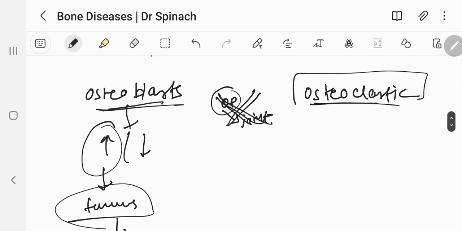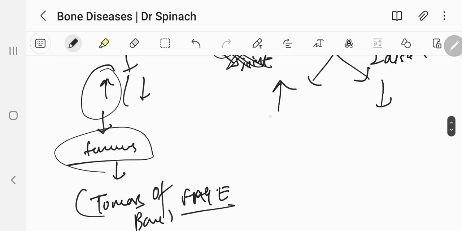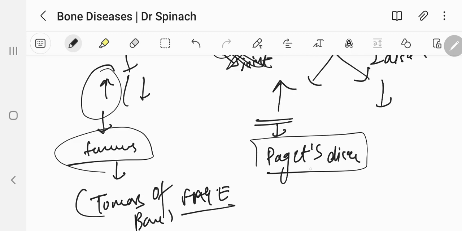With osteoclastic activity, we're going to see two diseases here: an increase in osteoclastic activity or a decrease in osteoclastic activity. An increase in osteoclastic activity is seen in Paget's disease. We're going to look into Paget's disease in the next video.